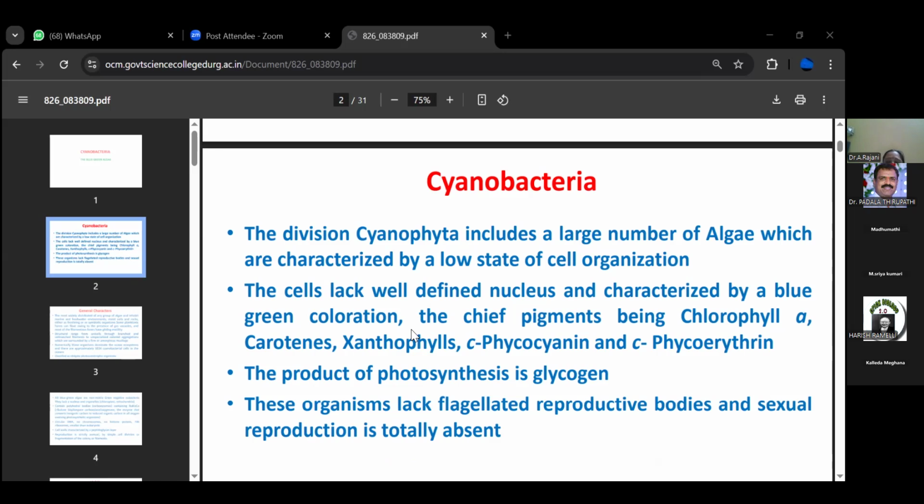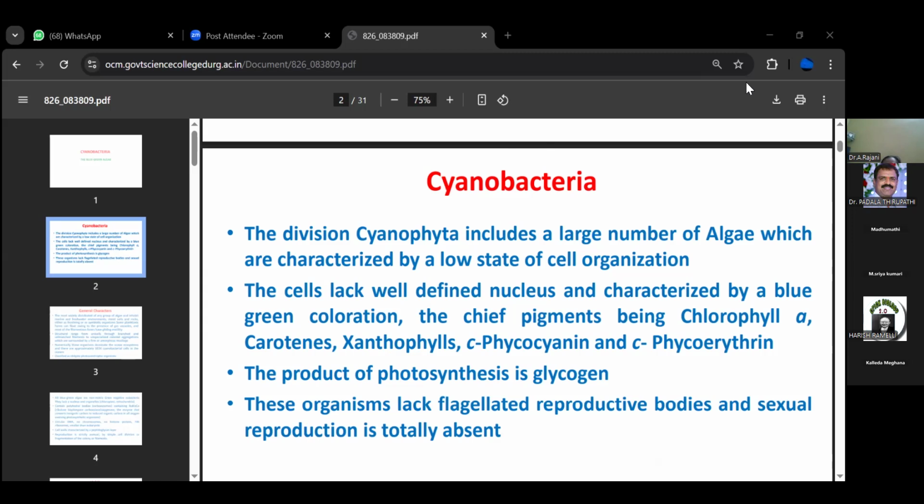Another character is the cell wall. Can anyone tell what is the chemical structure of the bacterial cell wall? Peptidoglycan. Polypeptidoglycans, mucopeptides. This is the cell wall of all microorganisms, not only bacteria.